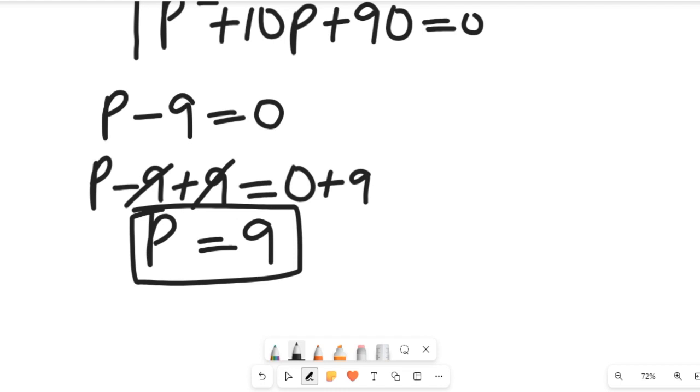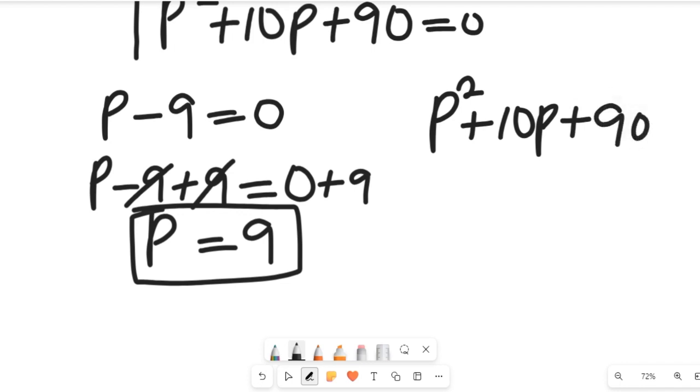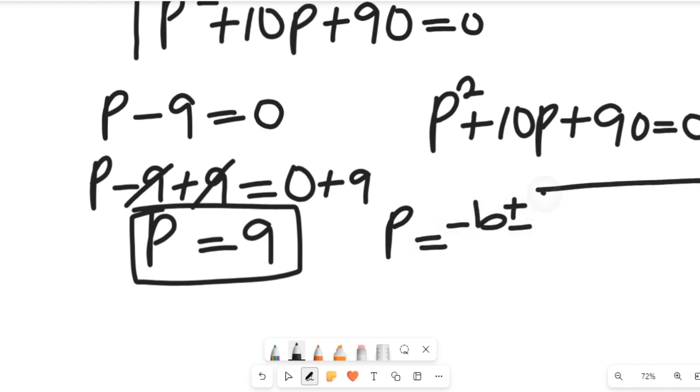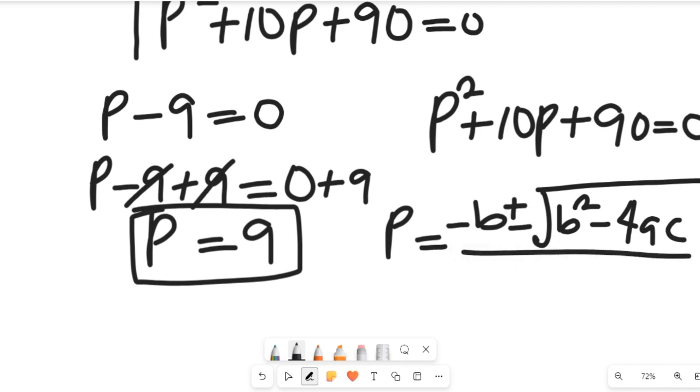Now we'll have the quadratic equation p squared plus 10p plus 90, and this will be equal to 0. Now let's use the quadratic formula in solving this expression. From the quadratic formula, our p will be equal to negative b plus or minus square root of b squared minus 4ac, divided by 2 multiplied by a.